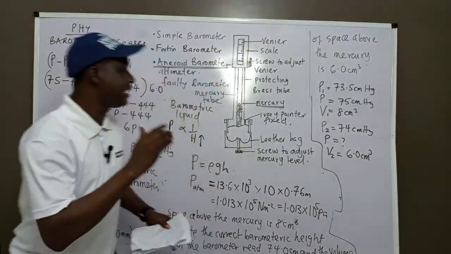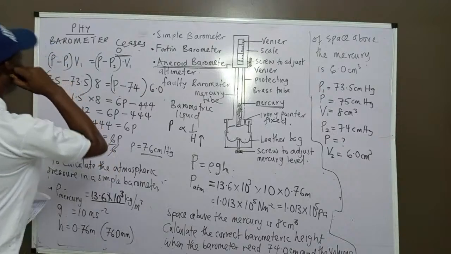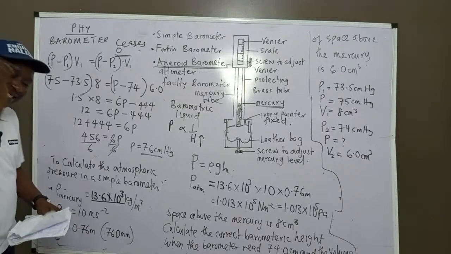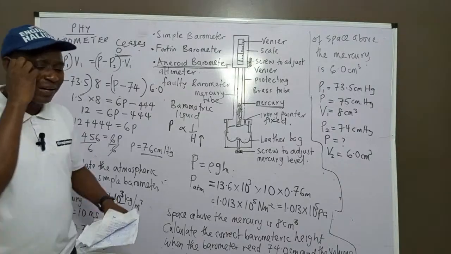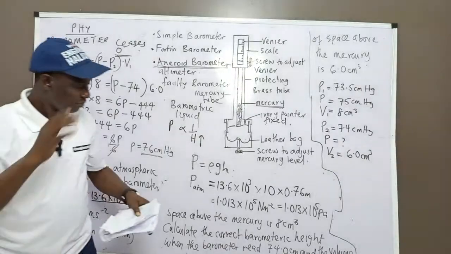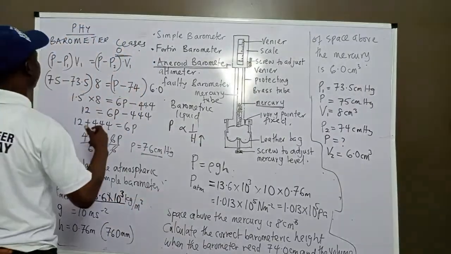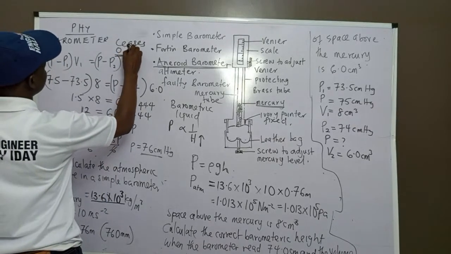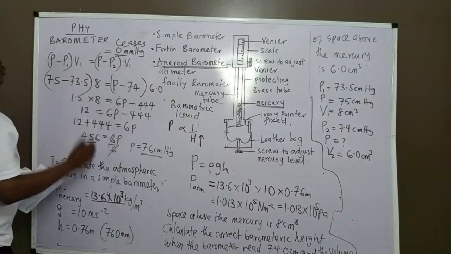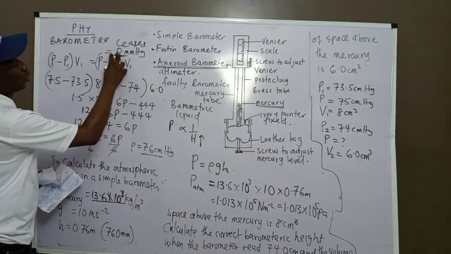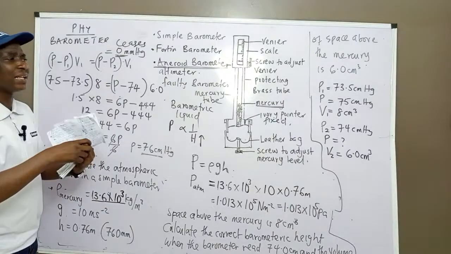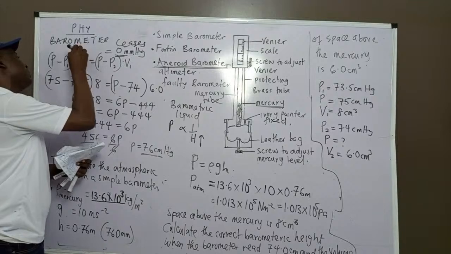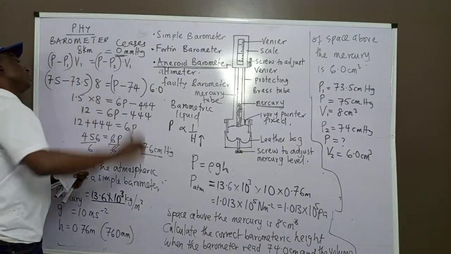So don't forget that when we say atmospheric pressure ceases to exist, that means the point where atmospheric pressure becomes 0 millimeter mercury. So when I tell you that atmospheric pressure ceases to exist at 80 kilometer, for example, what does that mean?